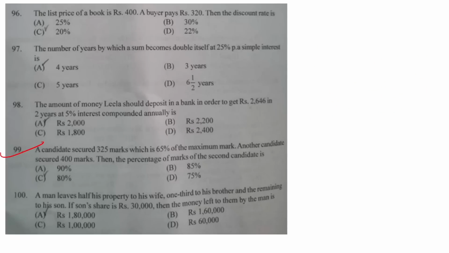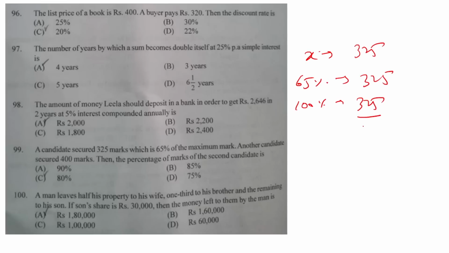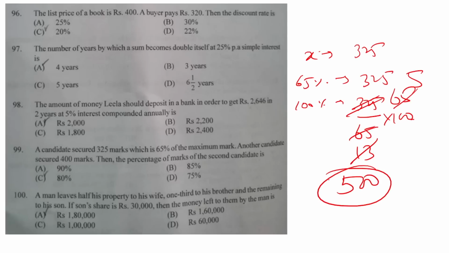So question number 99: a candidate secured 325 marks, which is 65% of the total marks. Let the maximum marks be X. 65% is equal to 325, and 100% is equal to X. So 325 by 65 into 100, the 5 cancels to give 13, and the 5 cancels again, giving the total marks 500.